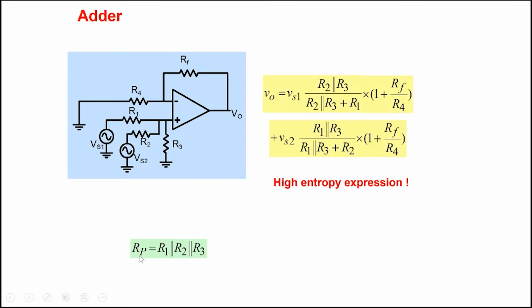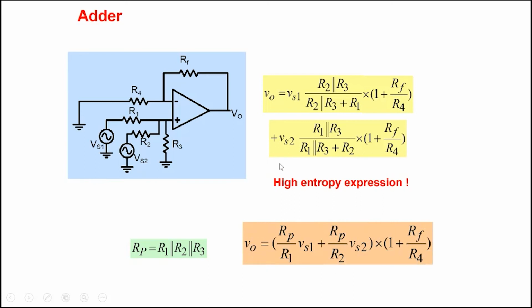And we can define a resistance Rp as R1 parallel R2 parallel R3, and you can verify that you can write V0 now as Rp by R1 Vs1 plus Rp by R2 Vs2, multiplied by 1 plus Rf by R4. So a much simpler expression with Rp defined as the parallel combination of R1, R2 and R3. Okay, so it's a low entropy, more orderly expression as compared to the earlier one.